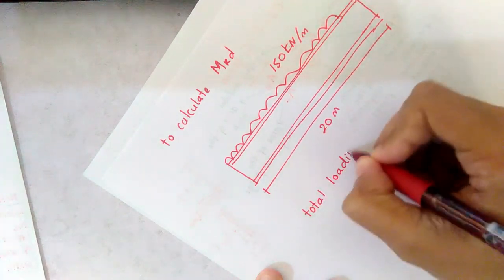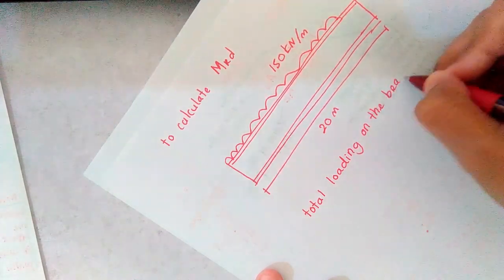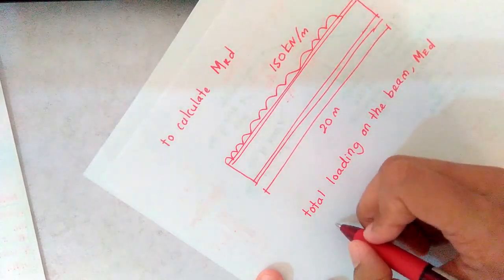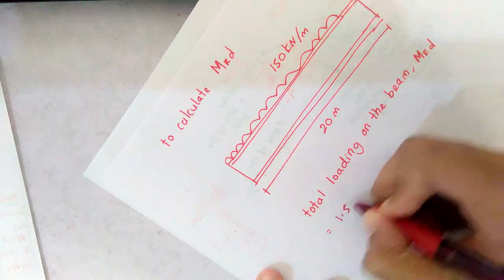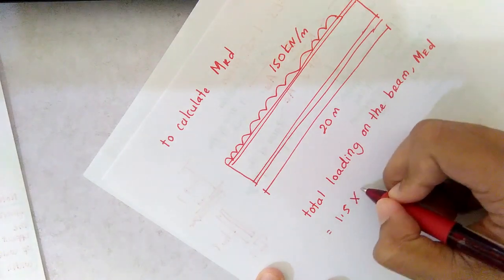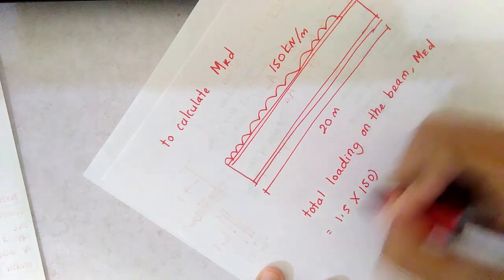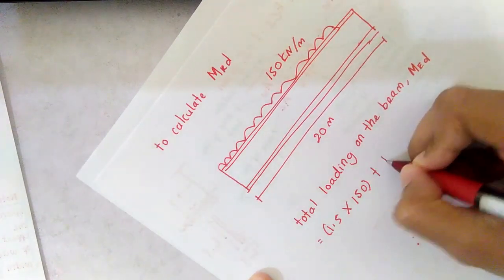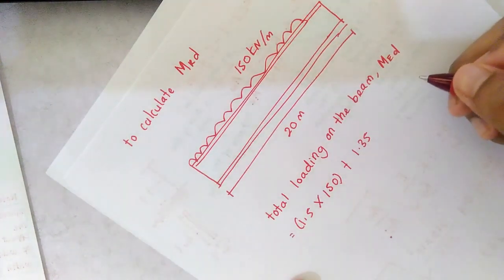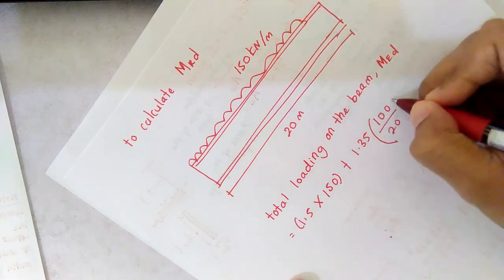The total loading on the beam, MED, is equivalent to 1.5, which is the factor for the live load, times 150, which is your loading, plus 1.35, which is again the factor for the permanent load, times 100, over 20.